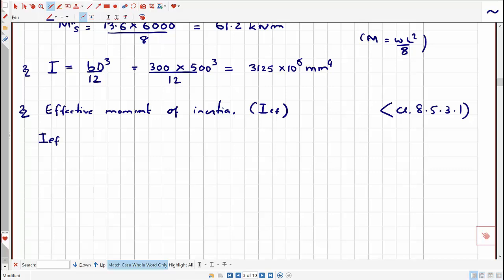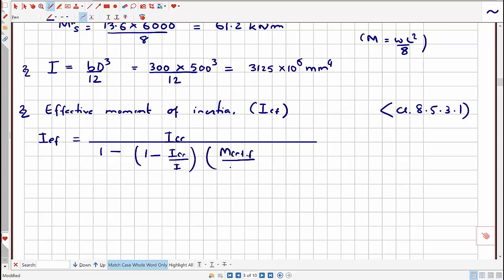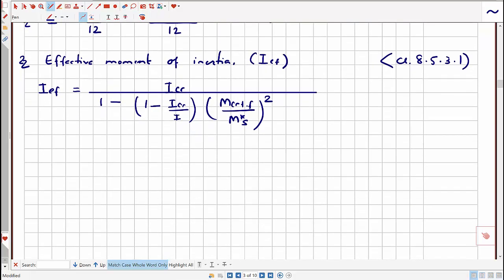In this equation, Icr is the moment of inertia for the cracked section, Ig is the gross moment of inertia we have found out, M cr.f is the cracking moment, and M star s is the maximum moment due to the short-term loading. So we have found out all of that, and we just plug in the values to find our effective moment of inertia.